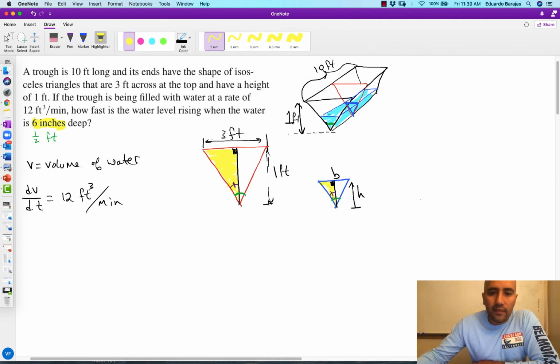We've established that this little angle here must be the same. And they both are 90 degrees, so therefore that must mean that this angle up here is also the same. So this must be the same as this one.